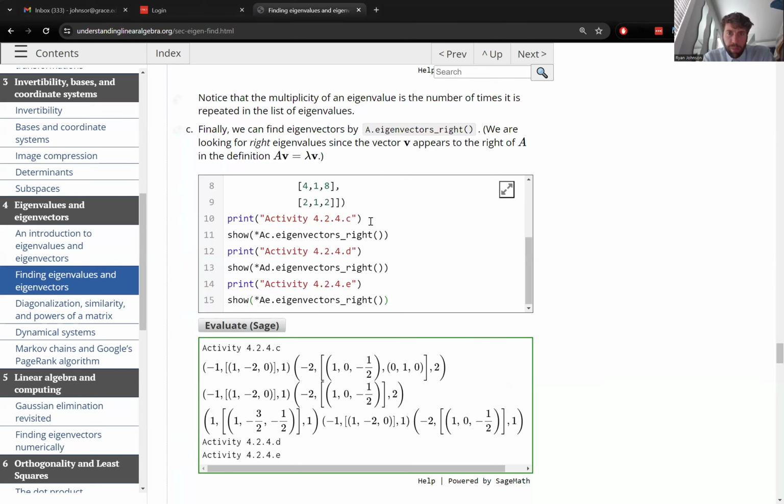For activity 4.2.4 part C, you see there are 2 eigenspaces. The eigenvalue -1 has a basis vector 1, -2, 0, matching the algebraic multiplicity of 1. Then the eigenvalue -2 has 2 eigenvectors and algebraic multiplicity 2.